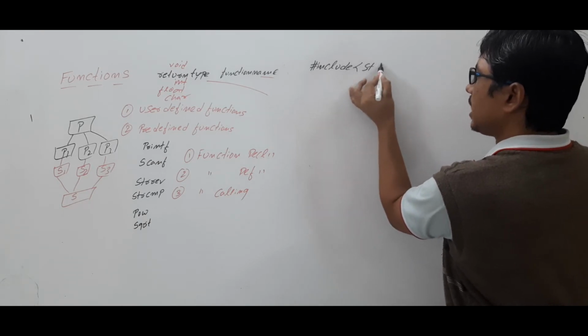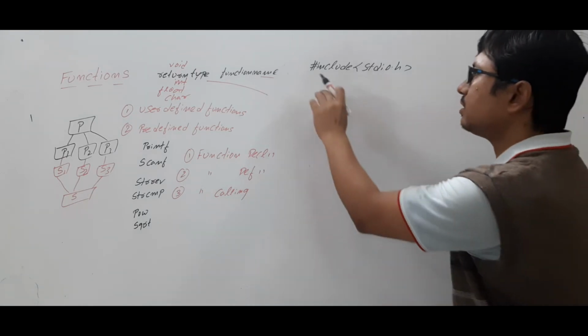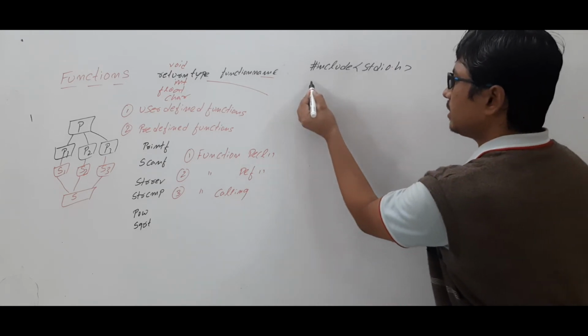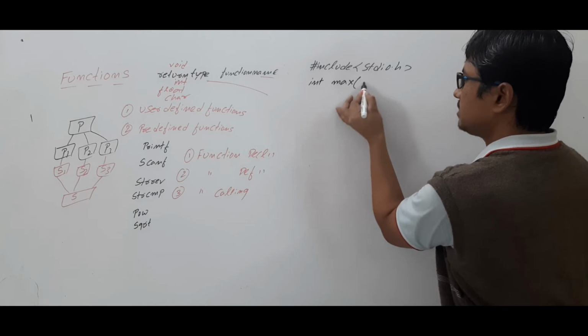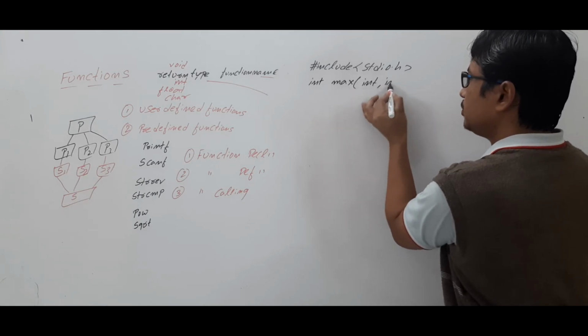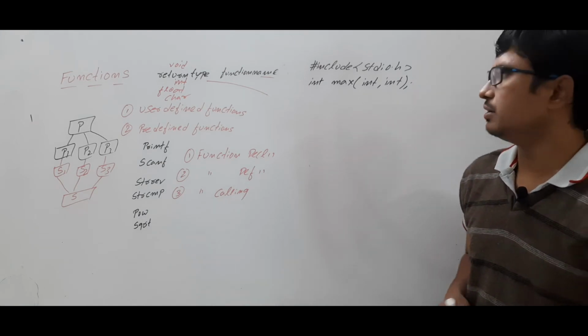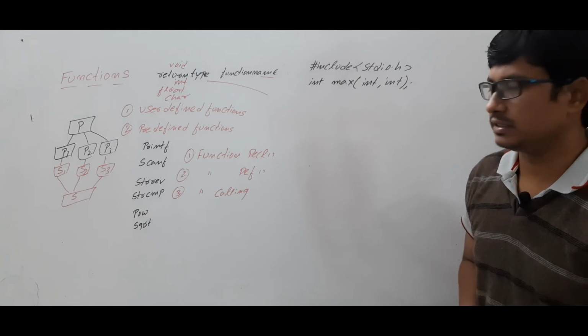This is the standard input output header file. Then I need to specify the function declaration before the main. So the return type is int, the name of the function is max, and I am using two parameters and the data types are int and int. This tells the return type, name of the function, and number of parameters.